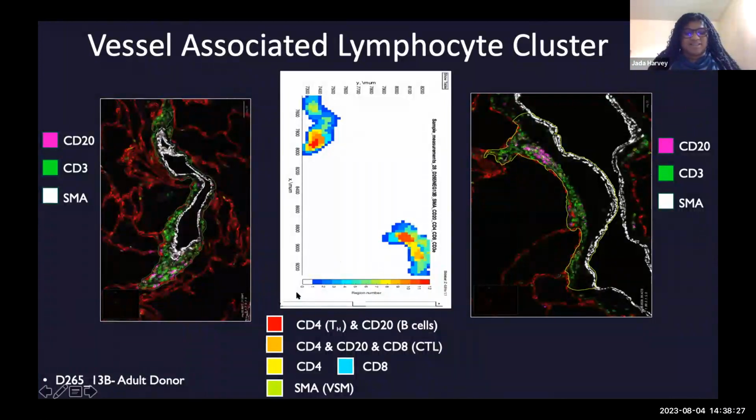But as you can see in the cytomap analysis, it tends to be more of a mixed type of region where there are different distributions of these lymphocyte markers. So it has the CD20, it has the CD4 and the CD20, as well as the CD4 and the CD20 here, but the distribution is different, therefore defining them as different regions.